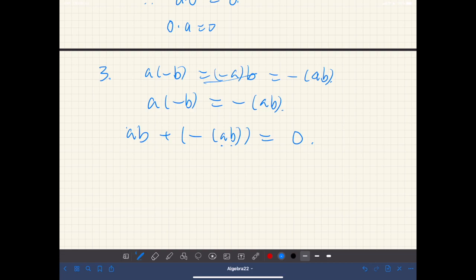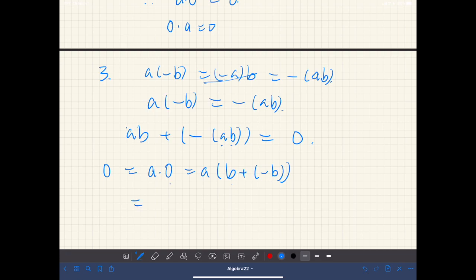On the other hand, let's see. We have 0 equals to a times 0 from part 2. But 0 is equals to b plus minus b, right? b and its additive inverse, if we add them, it's 0. So we have this equation.